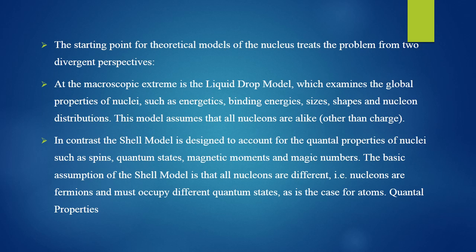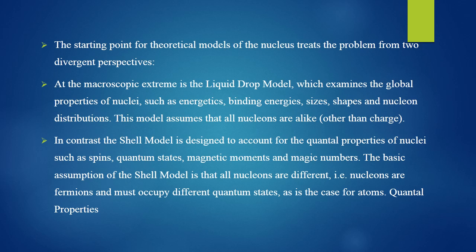The theoretical models of the nucleus treat the problem from two divergent perspectives. They see the structure of the nucleus in different ways. At the macroscopic extreme, there is the liquid drop model. In this model, the structure of the nucleus is compared to a liquid drop, which examines the properties of a nucleus such as energetics, binding energy, size, shape, and the nucleon distribution inside the nucleus.